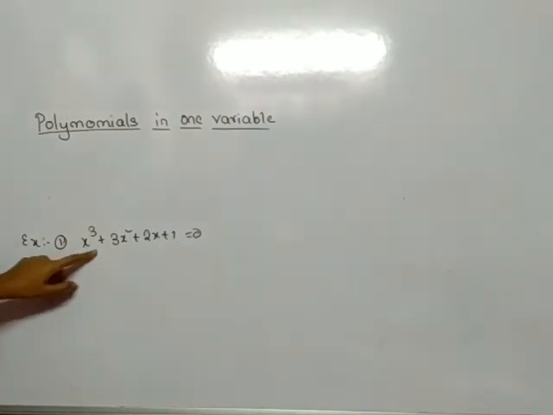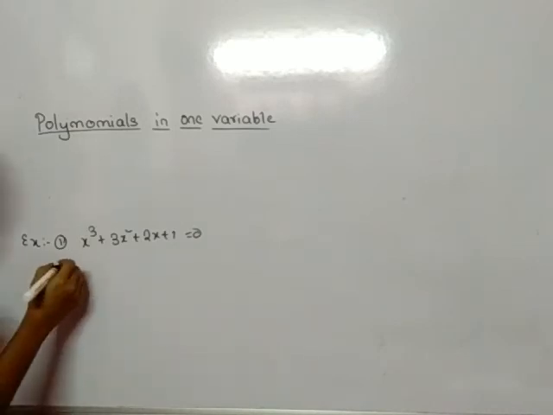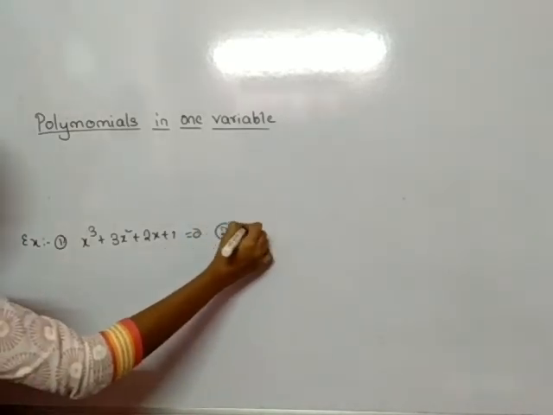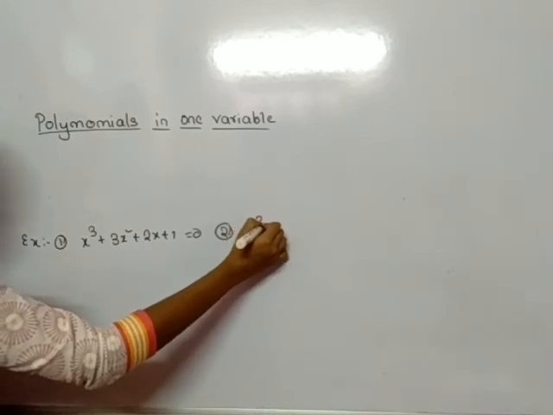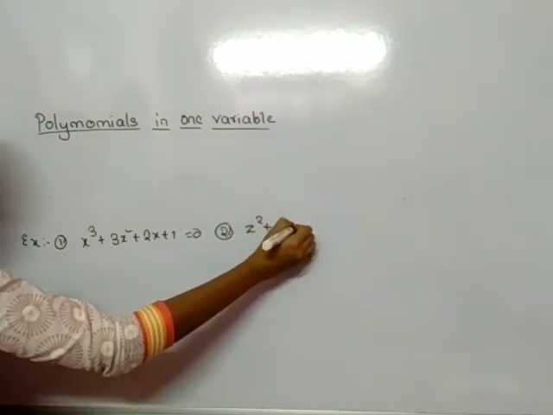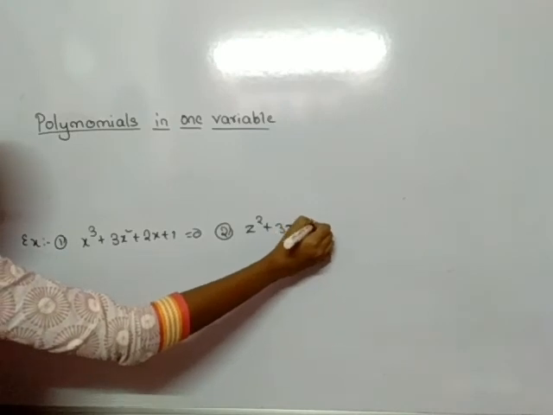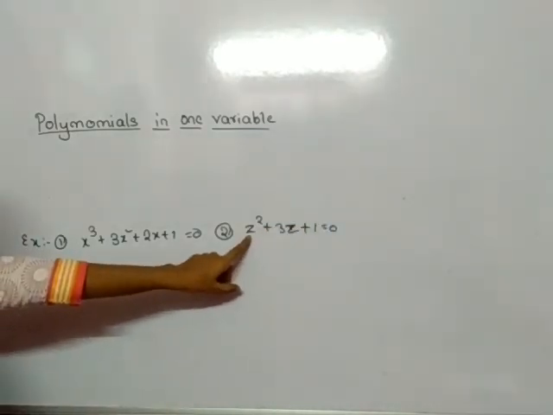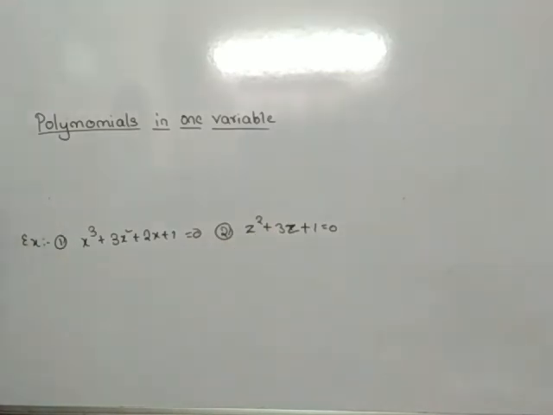This is a polynomial in one variable, right? We'll see some more examples. Again you can observe this is a polynomial which contains only z as the variable. The whole equation consists of only one type of variable, right? Such types of equations are called polynomials in one variable.